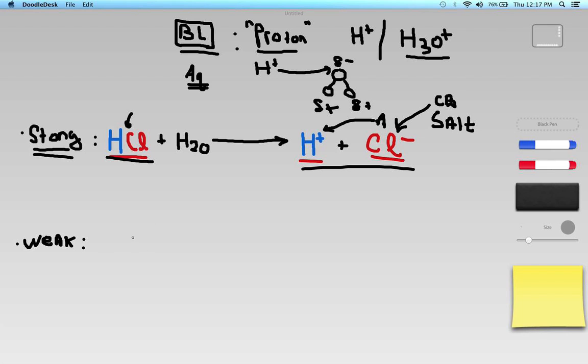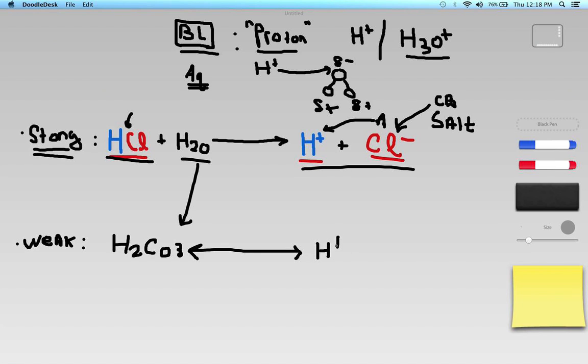An example of that might be carbonic acid, H2CO3. And the reaction of carbonic acid in an aqueous environment, so I'm going to assume that we're talking about H2O there as well, might look like this.